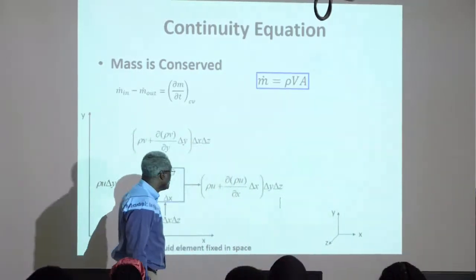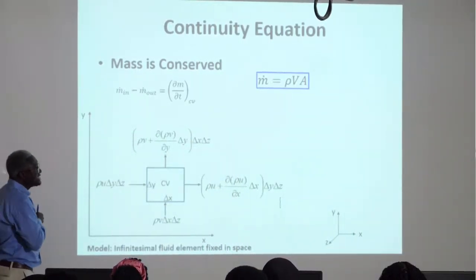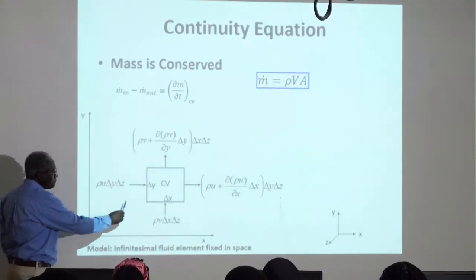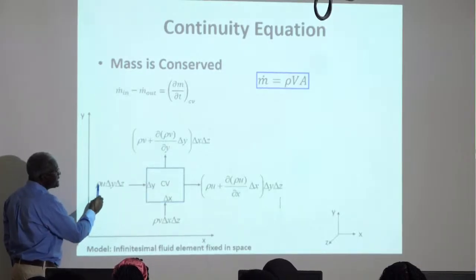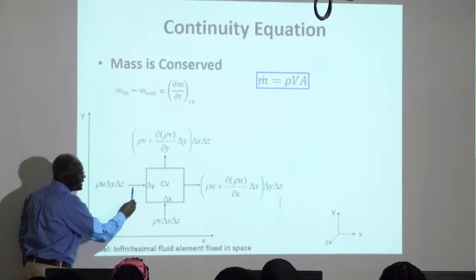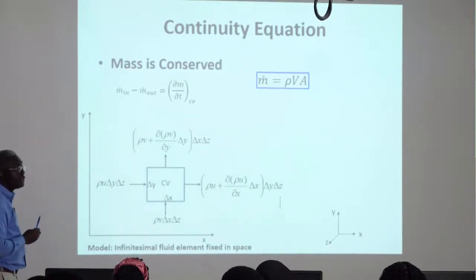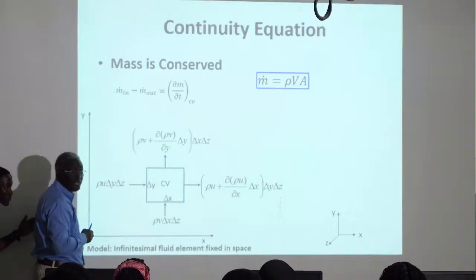So in the x direction, you have the density times the velocity into the control volume times the area. And what will be the area?